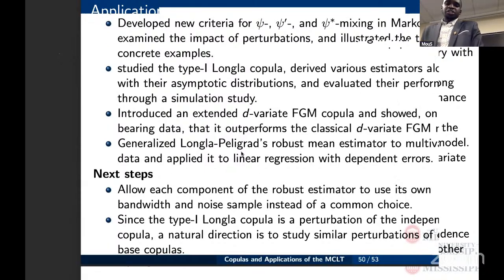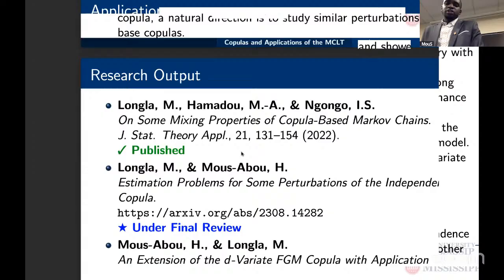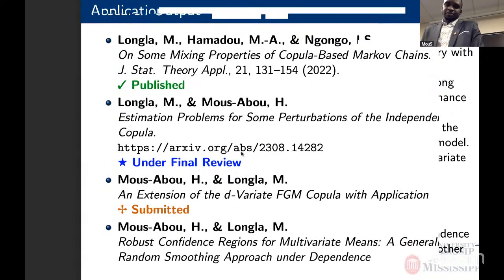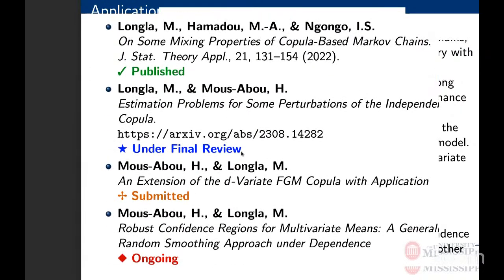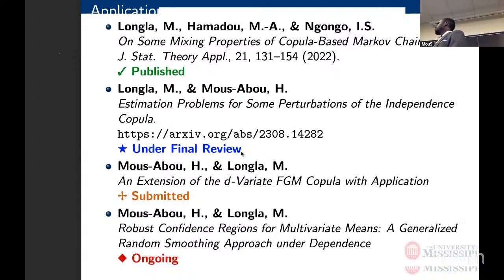This dissertation led to 4 different manuscripts. The first has been published already in 2022, entitled On Some Mixing Properties of Copula-Based Markov Chains. We worked with Dr. Long-La and Dr. Ngongo Isidore.